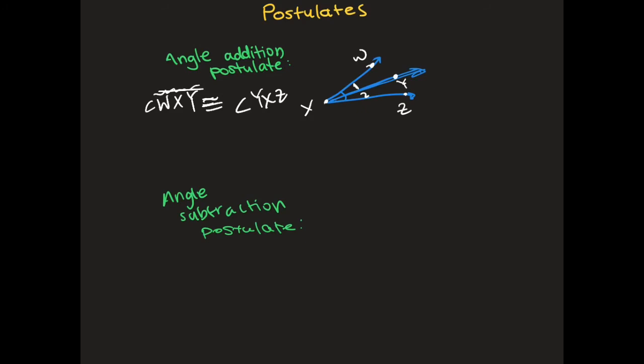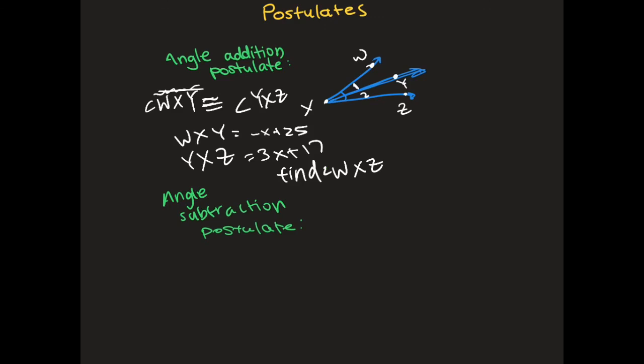And now, what else we're given is WXY is equal to minus X plus 25, and YXZ is equal to 3X plus 17. Now we're asked to find WXZ.